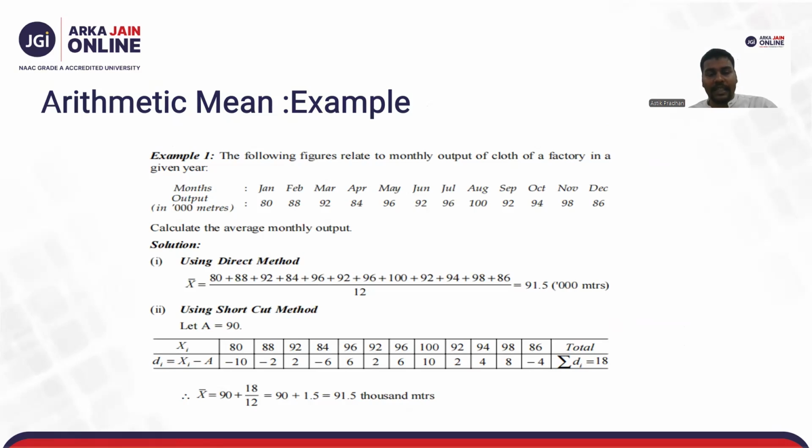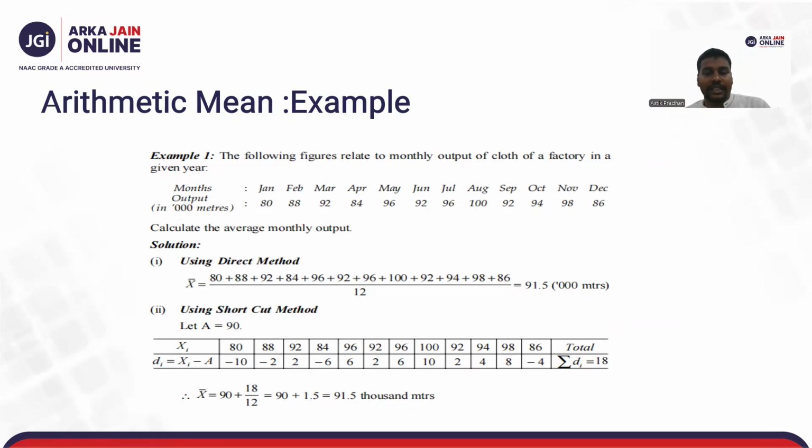The second approach is the shortcut method, where we take a deviation value. Let's say we represent the deviation part by using A, and the value we are taking is, suppose, 90. Deviation is required whenever the magnitudes are very high.